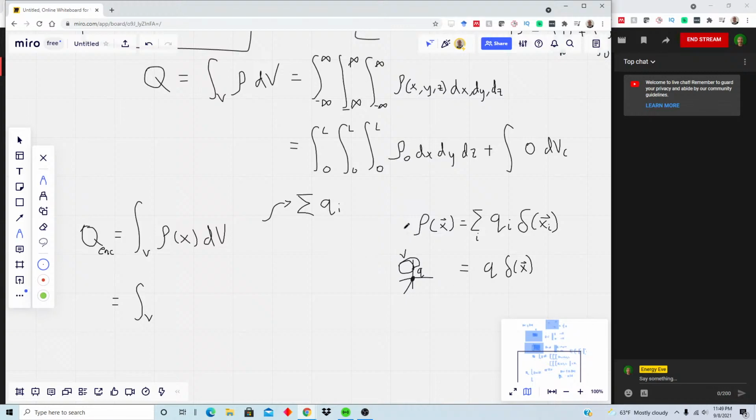So when we plug in this here, we get constant Q out over the Dirac delta function. Since Q is constant, we can pull it out.